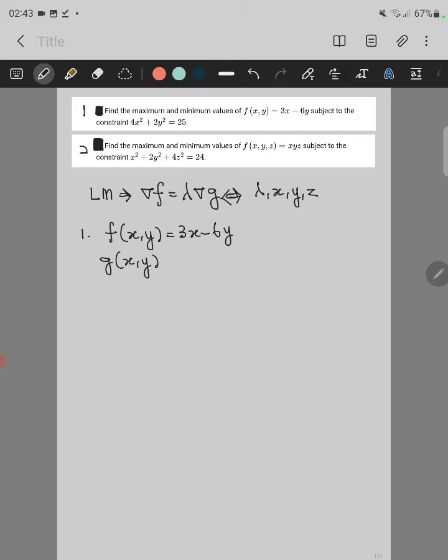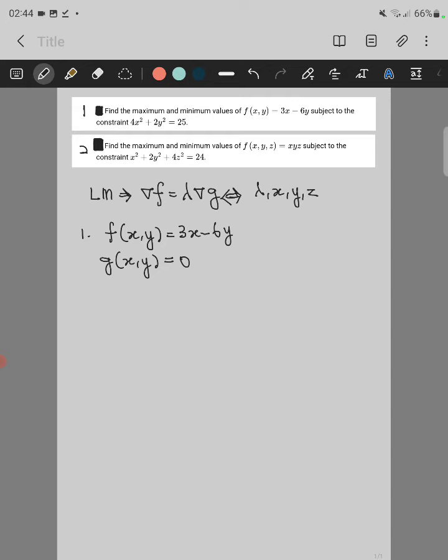Since our function has two variables, we need to have a g(x,y). To define g(x,y), we need a condition that g(x,y) should be equal to 0.